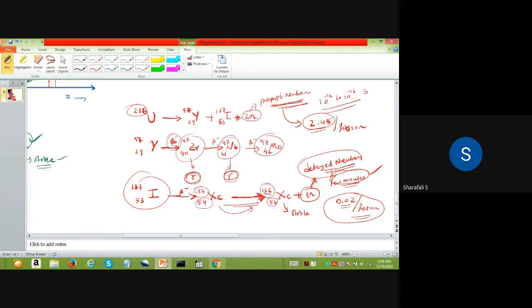In some cases it will be 2, in some cases it will be 3. So if you take an average, it will be around 2.45 neutrons per fission. Okay, that is the value we are calculating, the number we represented initially as nu, somewhat 2.45 per fission.